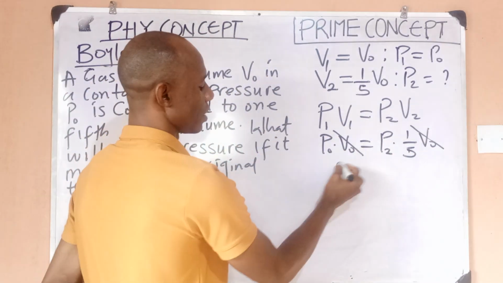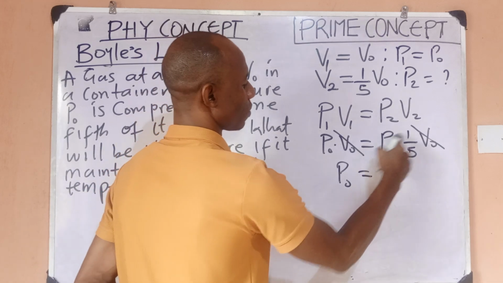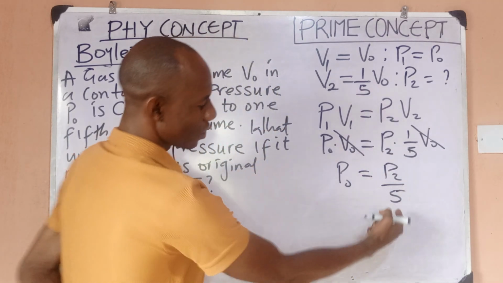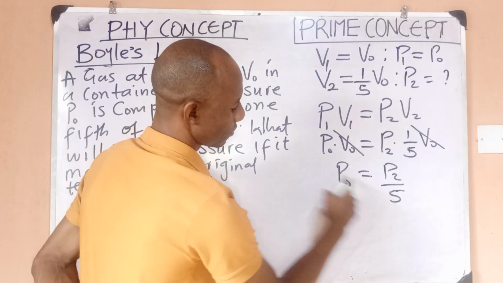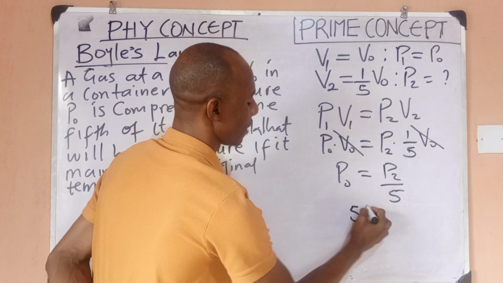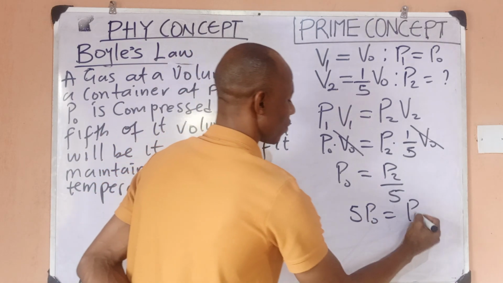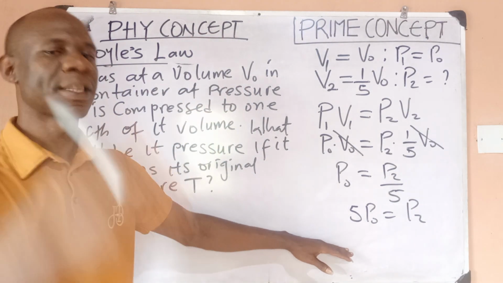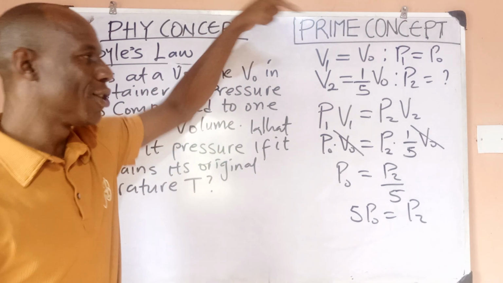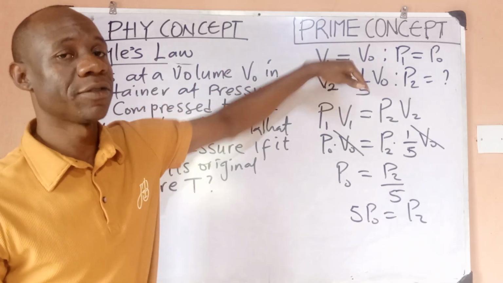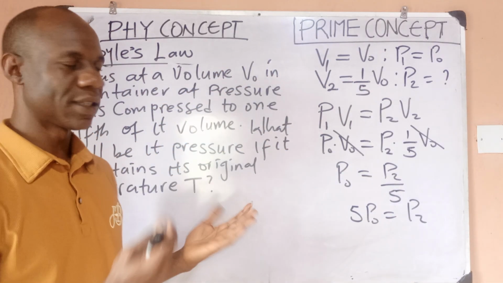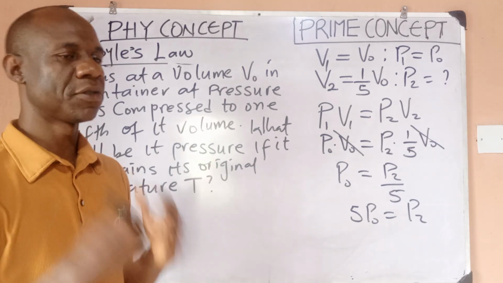So I'll be left with P0 equals P2/5. So when you cross multiply, you have 5 P0 equals P2. So it means that the pressure would be what? 5 times the initial pressure. When you decreased the volume by 5, the pressure increased by a factor of 5. So you can see Boyle's law still verifying itself.